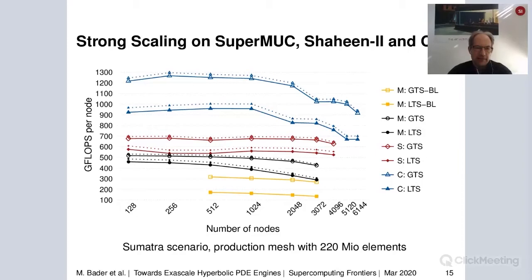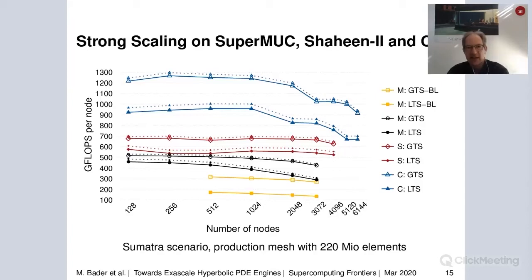So this is an example of scaling runs or scalability. These are all strong scalability experiments on 3 different machines. The blue one is the Cori supercomputer, a KNL-based machine. Red and black are Haswell-based machines, Shaheen in Saudi Arabia and SuperMUC at Munich.